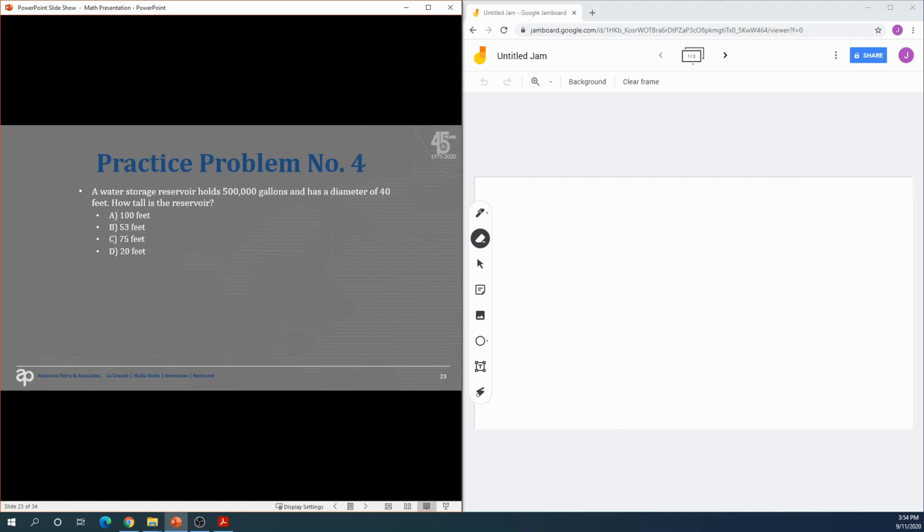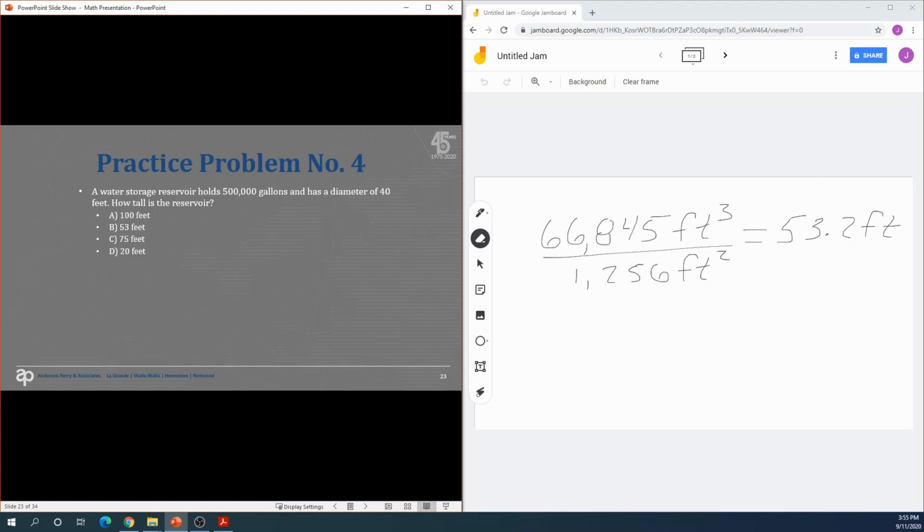So our volume was 66,845 cubic feet. Our area, 1,256 square feet. That's going to give us 53.2 feet. So again, we're tracking units all the way through the problem.